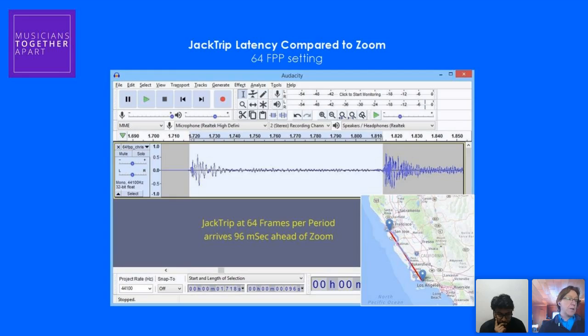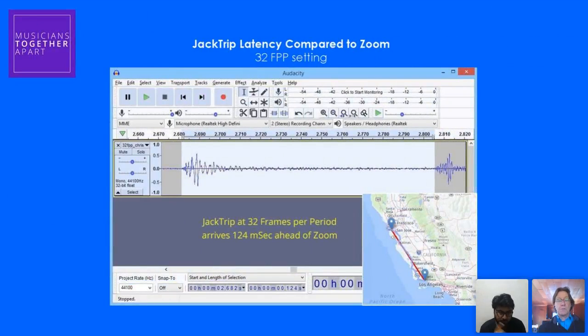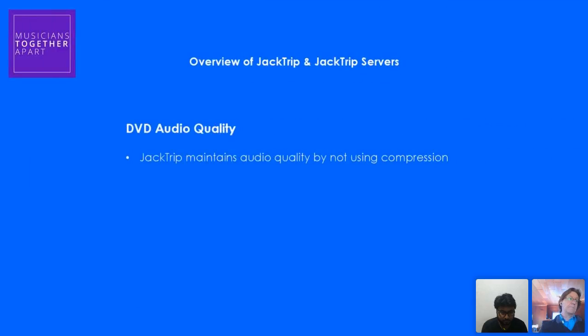And as you folks may know, musicians want about 30 milliseconds max in order to stay in sync. JackTrip can also do 32 frames per period, so it's even faster, and then we're getting 124 milliseconds ahead of Zoom. That varies over the distance, so you can see even better results if you're not, let's say, 300-400 miles apart. We'll get into the distance a little bit later.